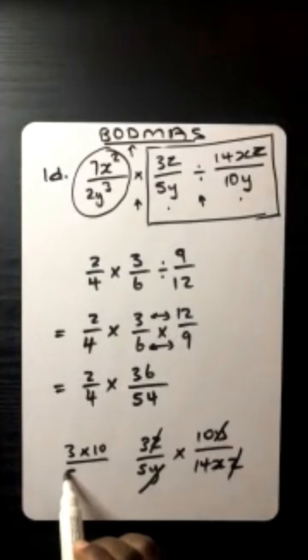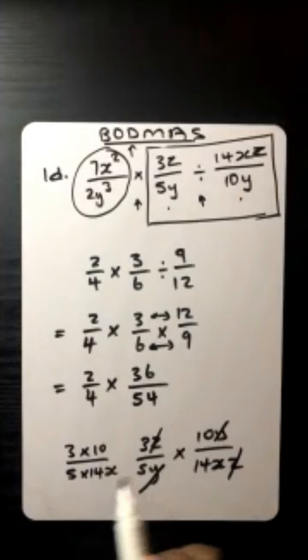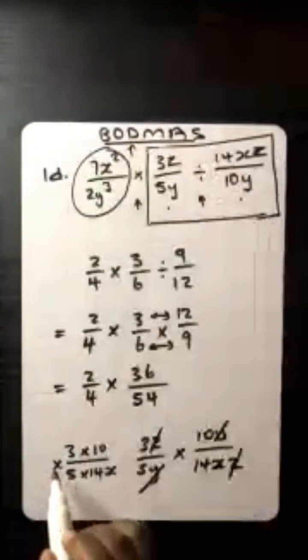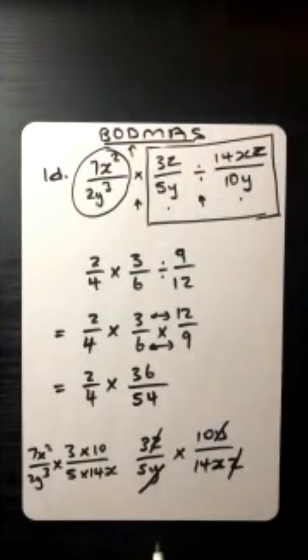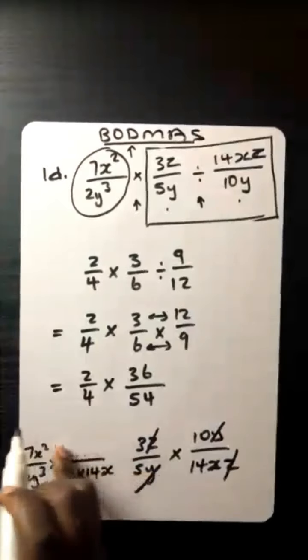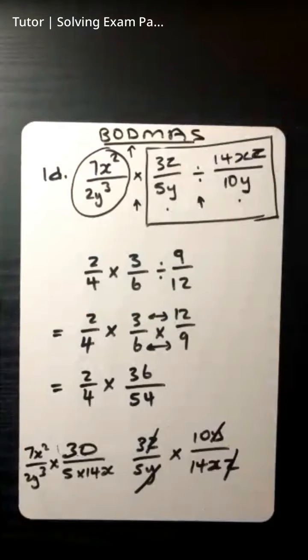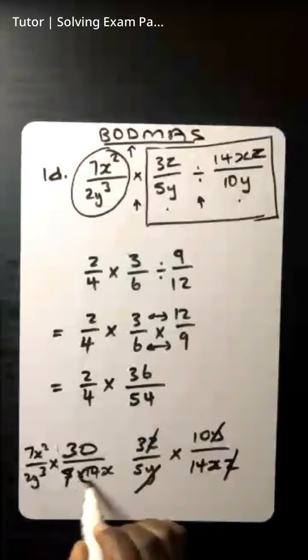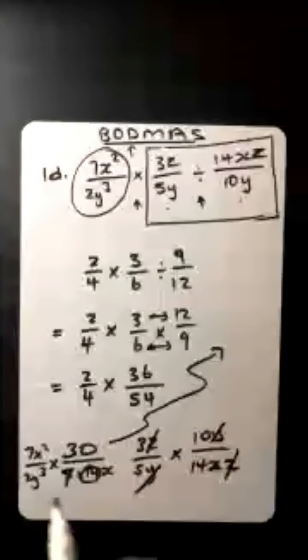At the bottom, you've got 5 multiplied by 14x. Remember, you also have that part over there, which is 7x squared over 2y to the exponent 3. So at the bottom, obviously, we've got 30. At the bottom, what are we having? What is 5 times 14? 5 times 14 is equal to 70.